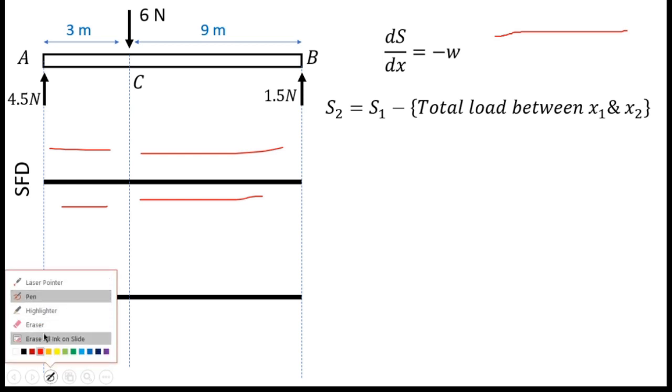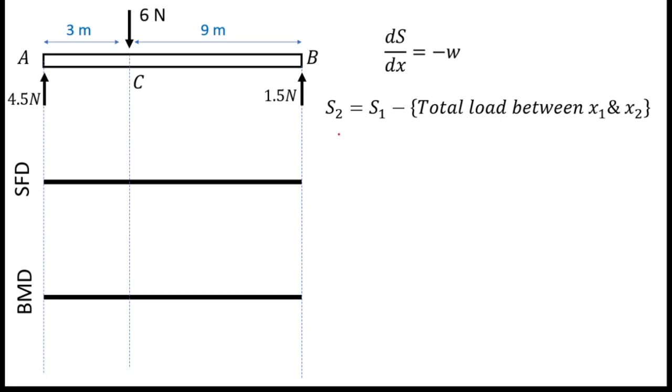But we have to find values. So to find values, we will use this relationship if it's needed. Okay, this is the most simple type of problem, because for this problem I will not use this relationship. We will see how to draw shear force diagram for this beam.